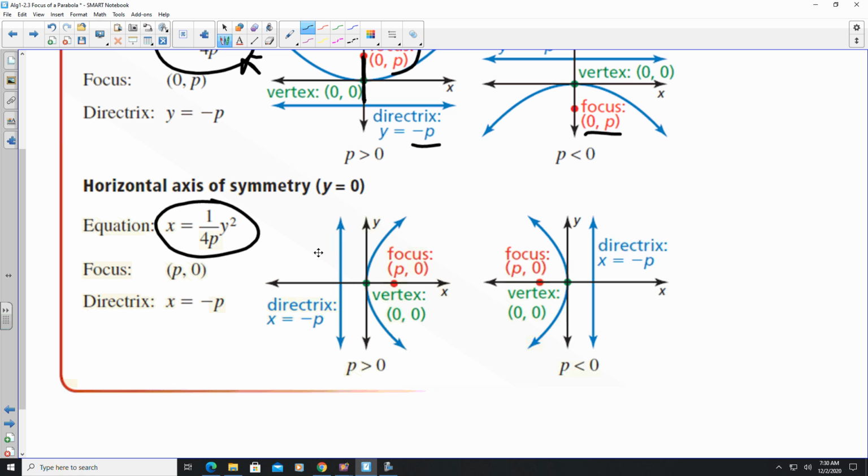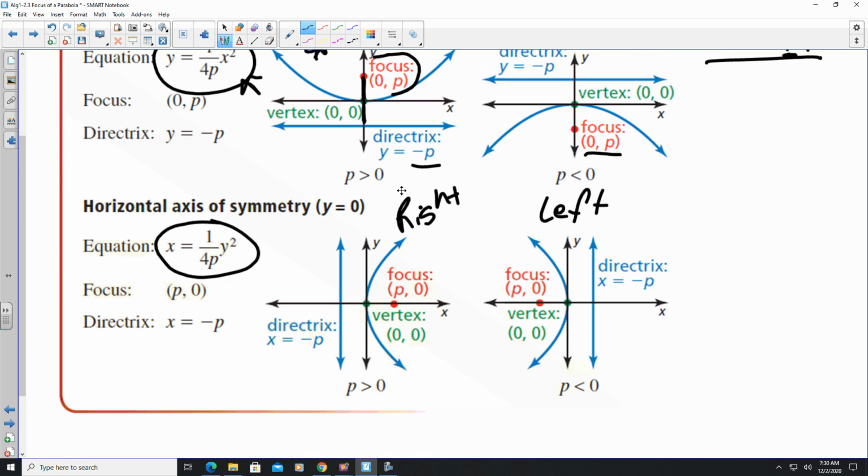Looking at the other way that you can sketch a graph of a parabola, either where it opens to the right, like this one here, or opens to the left, like this one here, the focus and the directrix are now along the x-axis. And if you notice, the difference is what is squared. Up here, x was squared, and in this one, y is going to be squared.